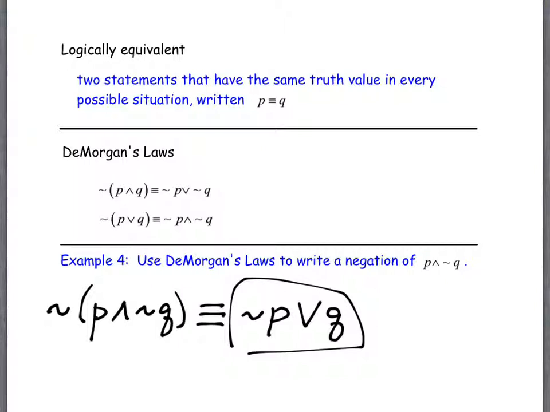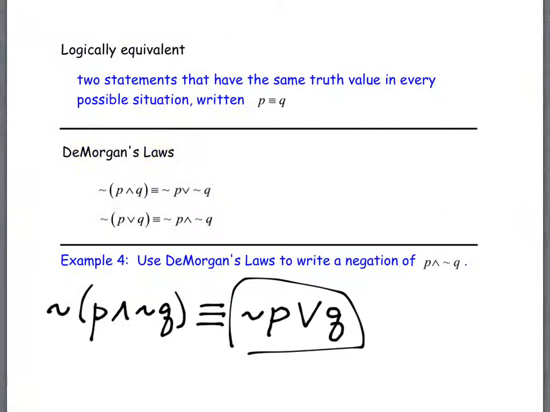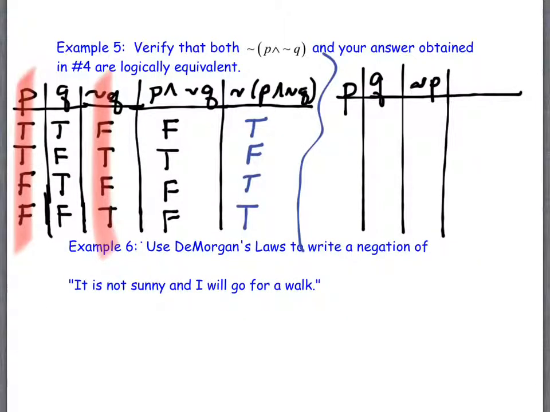Okay, the other one is supposed to do this statement right here. So I've already written down my P, I've already written down my Q. What else do I need? I need a tilde P. And then I need the whole thing, right? The tilde P or tilde Q. Okay, column P says what?